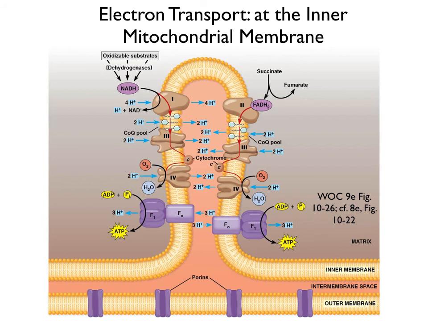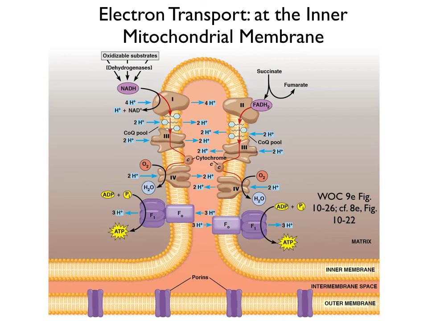These complexes, numbered with Roman numerals 1, 2, 3, and 4, are the main electron transport complexes that we've been talking about in graphical form already.